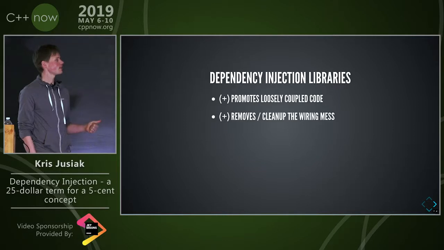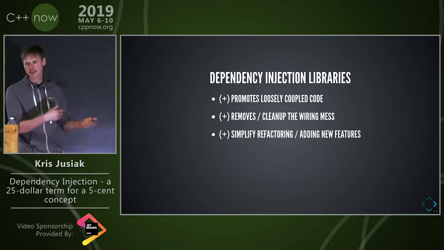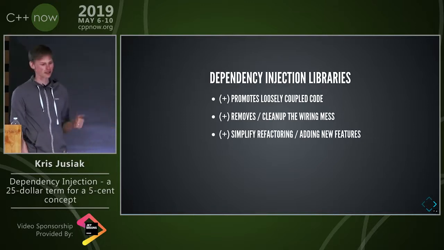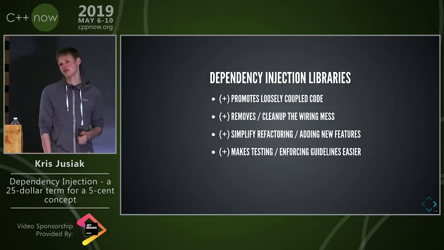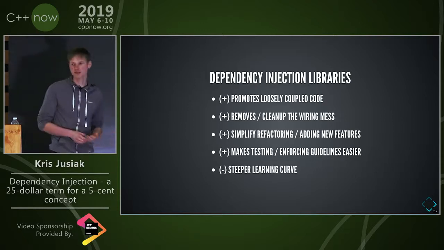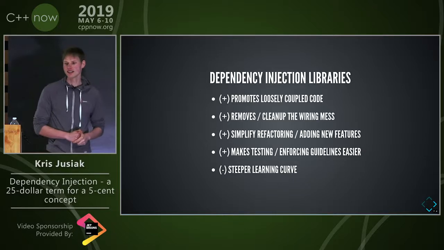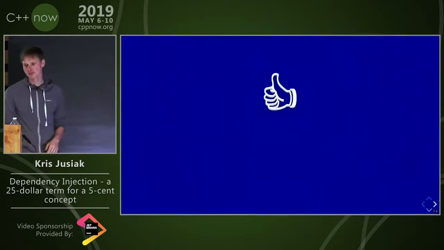The wiring mess cleanup, good. Simplified refactoring with the constructor and stuff, good. Adding new features like quality enforcement, good. Testing, even easier, good. Learning curve, not so good. We have to learn the frameworks, and there are gotchas with all of them, as pointed out in this talk. So there are pros and cons.